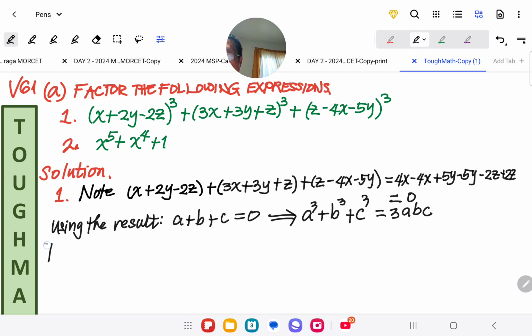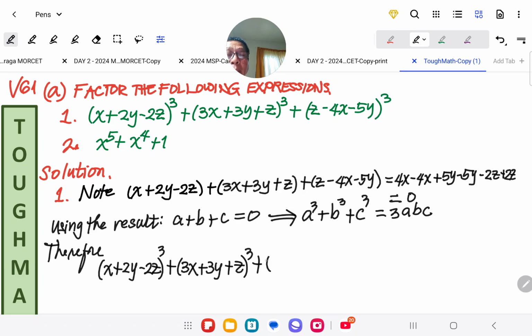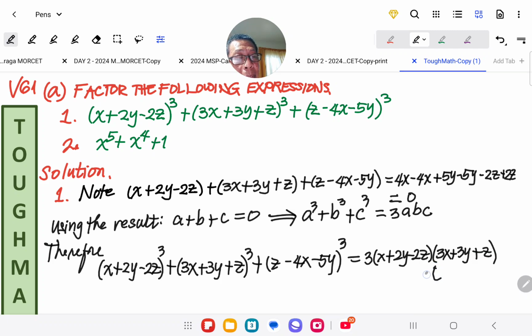Therefore, (x + 2y - 2z)^3 + (3x + 3y + z)^3 + (z - 4x - 5y)^3 is equal to 3 times (x + 2y - 2z) times (3x + 3y + z) times (z - 4x - 5y).